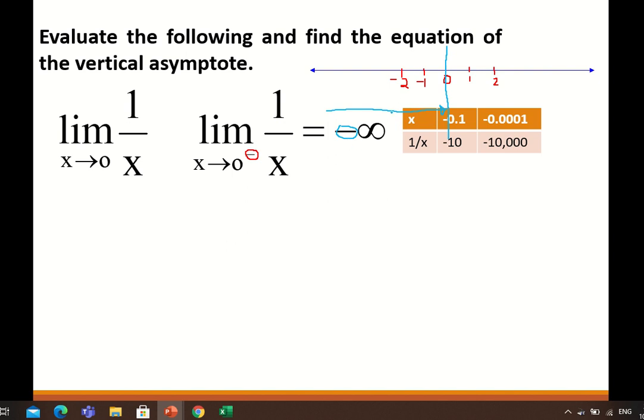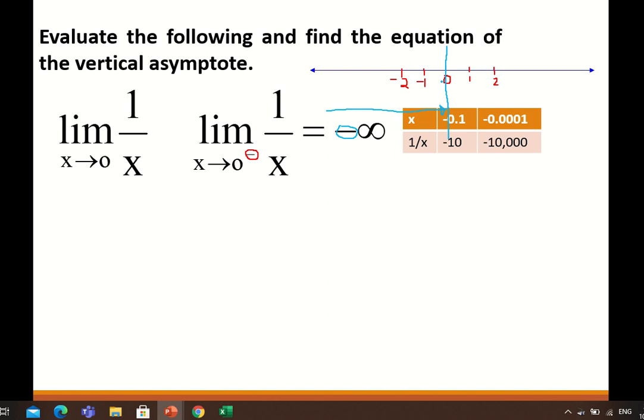As x approaches 0, the number gets bigger and bigger in magnitude. For example, 0.25 is bigger than negative 2. For negative numbers, the closer the number is to 0, the bigger it is.